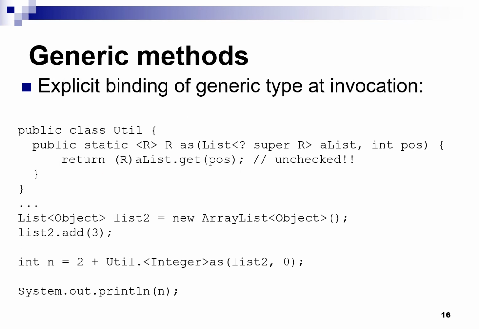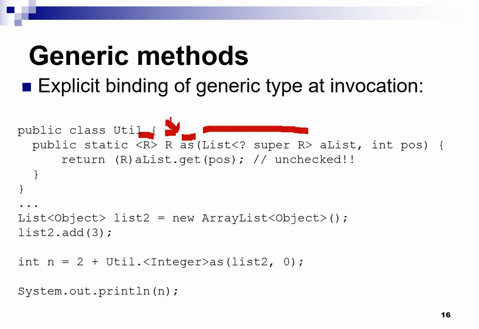static. Normally, you don't need to do anything special to call a generic method, but sometimes the compiler will not be able to infer what is the value of a generic argument. Let's see an example. This method as is generic. It declares a generic type R, which actually is the return type. So already here you can see that there might be a problem because the generic type is used for return.